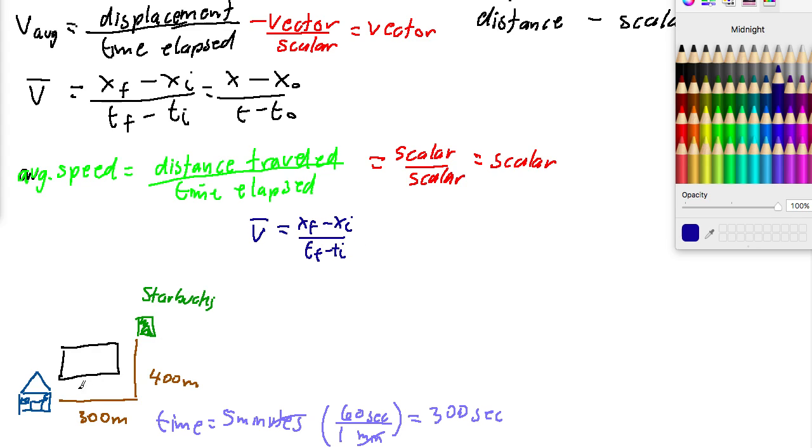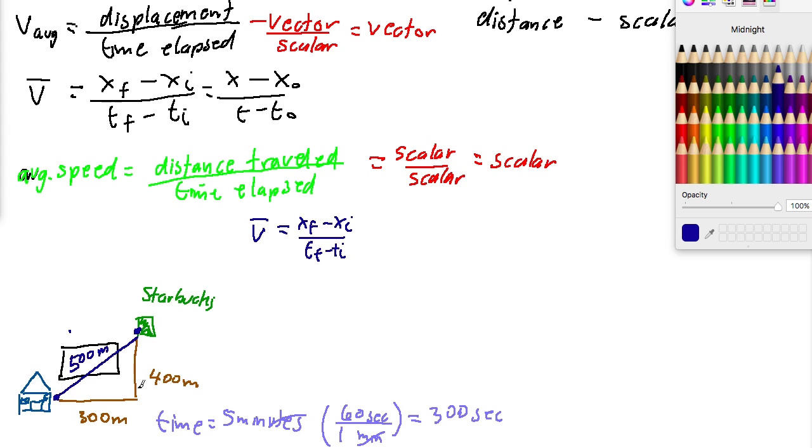Now our x final is Starbucks, and our x initial is somewhere in our home. So what's the distance that we traveled from initial to final? Well, in this case, we're going to have to do the hypotenuse. This is a special triangle, a 3, 4, 5 triangle. So this distance is going to be 500 meters.